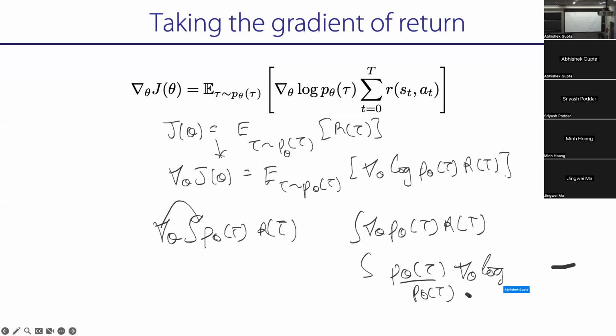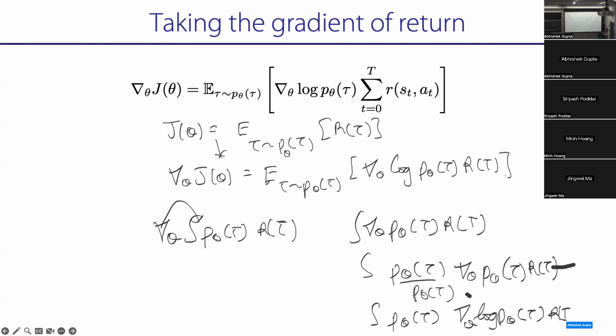And then we got P theta tau times grad P theta tau over P theta tau, R tau. And then we used the inverse of the chain rule to say this is going to be P theta tau, grad log P theta tau, R tau, right? And that's exactly what this expectation is, right? So that's how we got here.